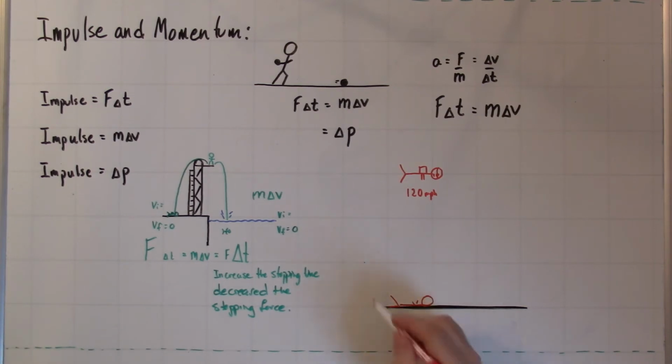And basically what happened was you changed your velocity. Your initial velocity was about 120. Your final velocity was 0. So you had a large change in velocity, which means it's going to lead to a large force.